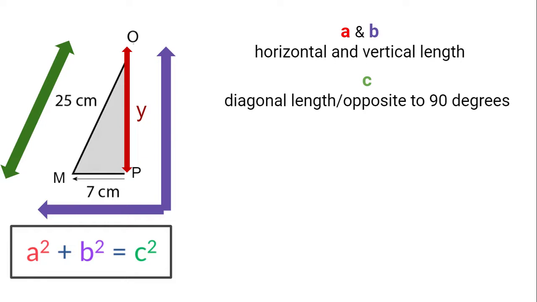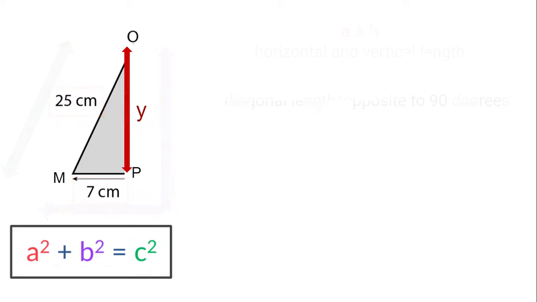OM, that's your C, is 25 centimeters. Your A could be 7 centimeters, and your B is y. You're going to put all this information into the formula. In place of A, you take 7, in place of B, you take y, and in place of C, you have 25.